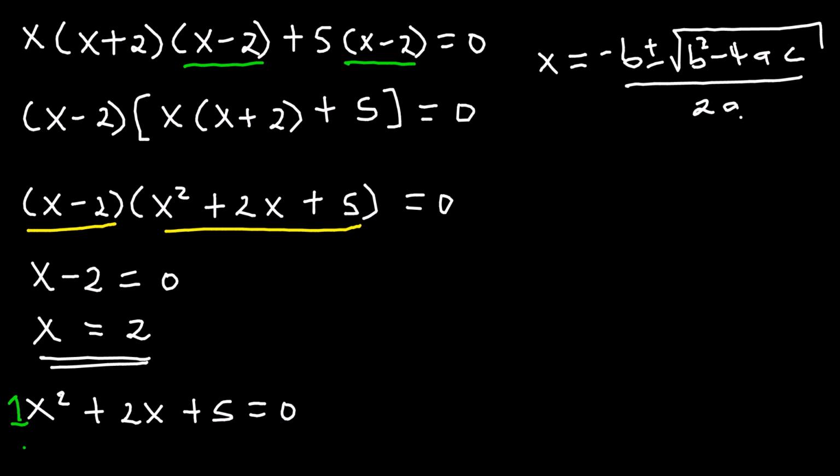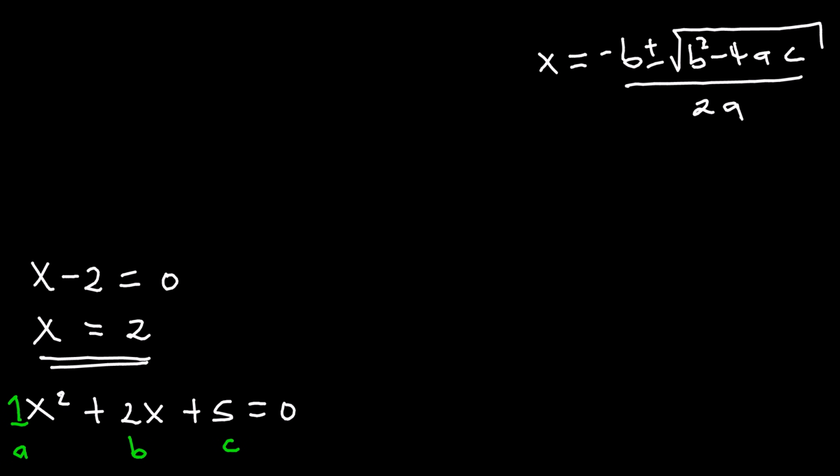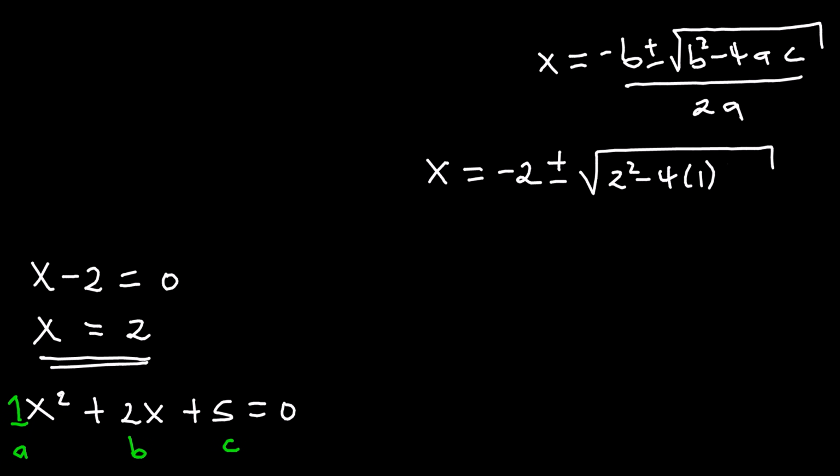Therefore a will be 1, and then b will be 2, and c will be 5. So we shall have x equaling negative b, which is 2, plus or minus the square root of 2 to the power of 2 minus 4 times 1 and then times 5, and this will be divided by 2 times 1.